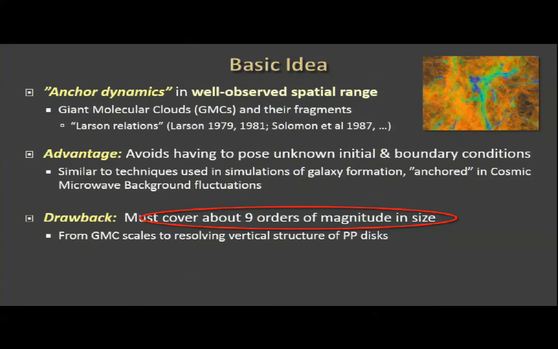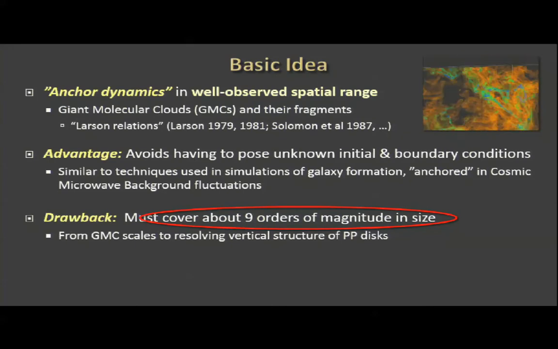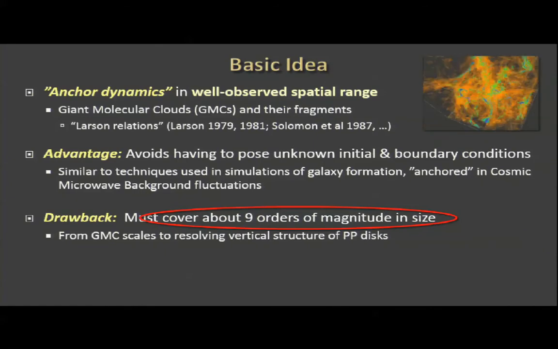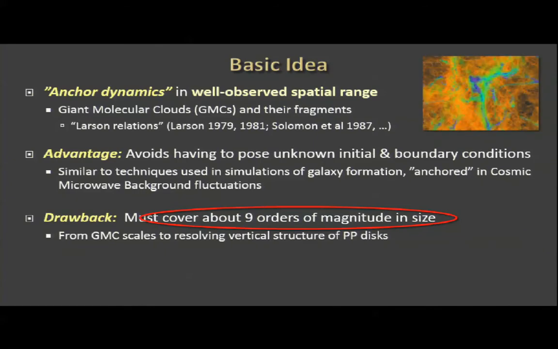And the advantage of that is huge. It avoids having to pose unknown, arbitrary initial and boundary conditions if you want to study the formation of protoplanetary disks. And it's very similar to the idea of studying galaxy formation by starting out from the well-known fluctuation amplitude and the fluctuation spectrum on cosmological scales.